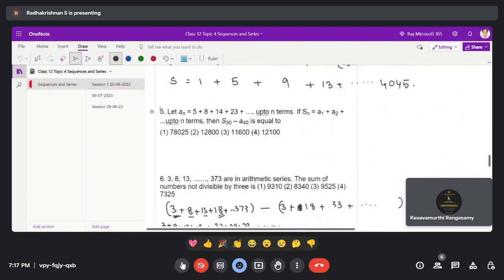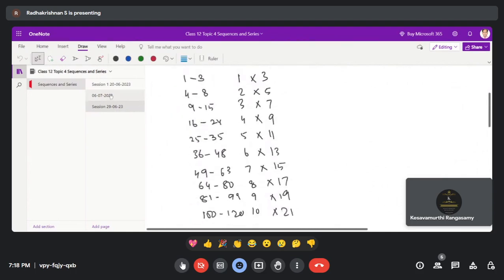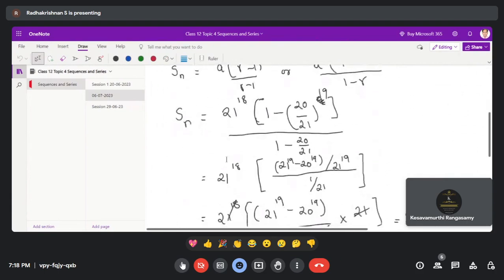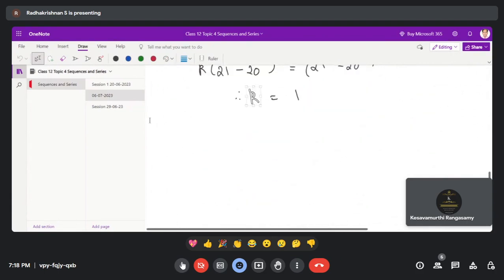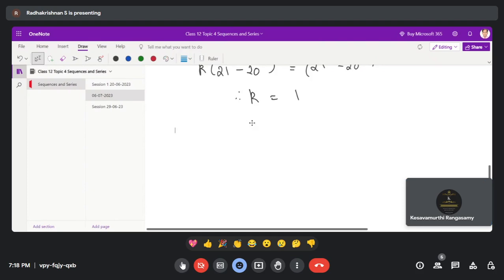So number 5. Again, wrong value is copied.